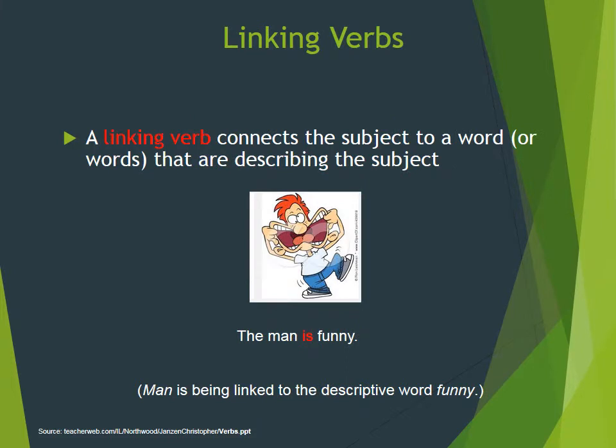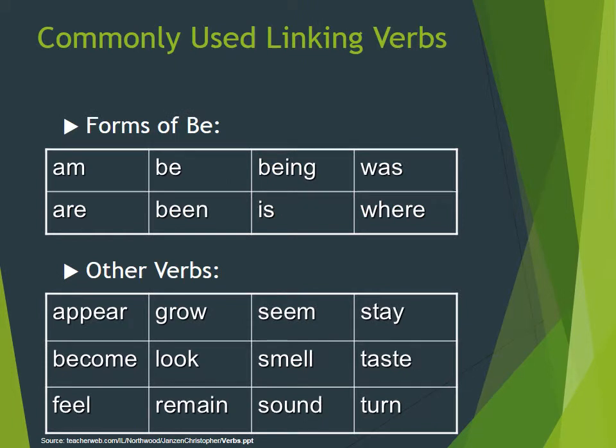And then linking verbs, if you recall, connect the subject to a word or words that are describing the subject. So in this particular sentence, we said the man is funny. So is a linking verb and it's linking man with funny. It's telling us something about the condition of this man. This here is our forms of be that we have as options, okay?